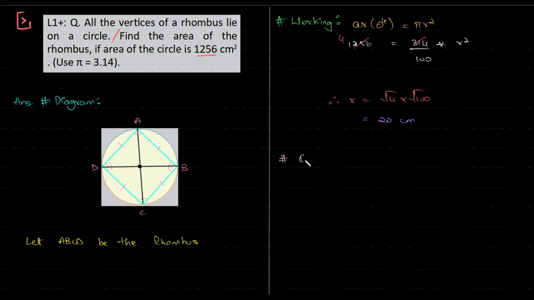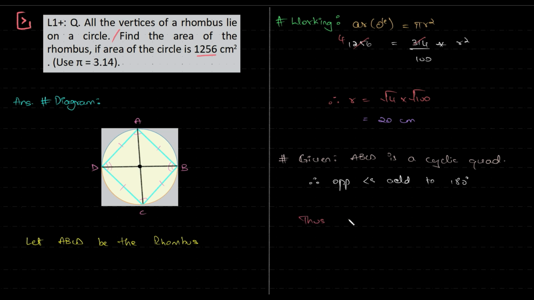So here we have been given that ABCD is a cyclic quadrilateral. What does it mean? The vertices are touching the circumference of the circle. Okay. Therefore, opposite angles add to 180 degree.